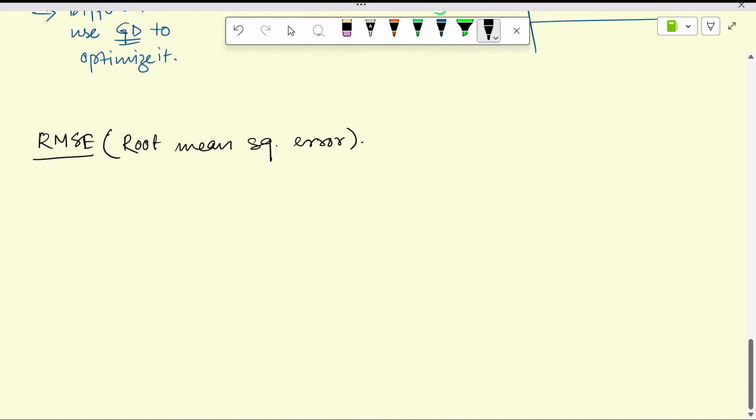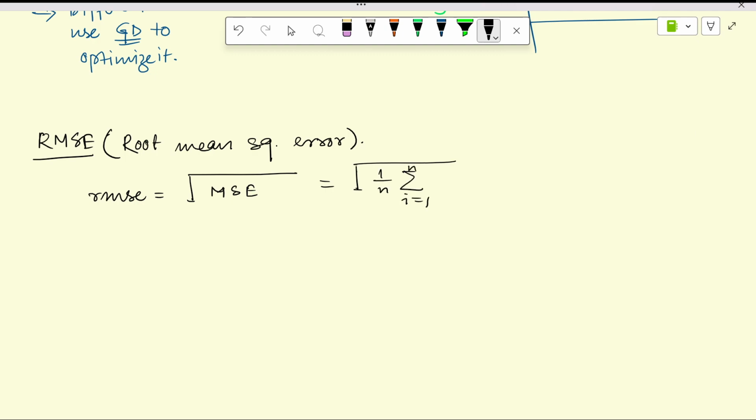What is the formula? It is the root of the mean square error, that is, the root of 1 by n, sum from i equal to 1 to n, of (yi minus yi cap) whole square. This is nothing but the mean square error, as we discussed.